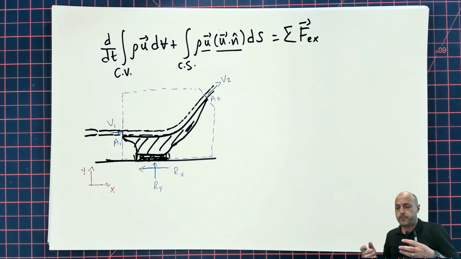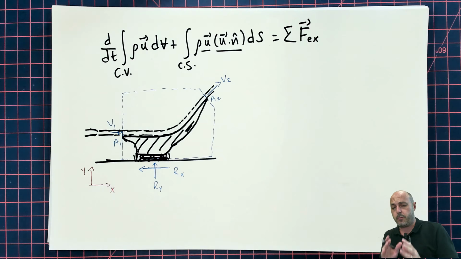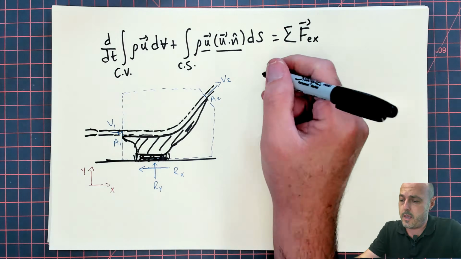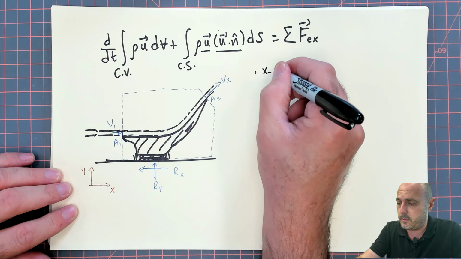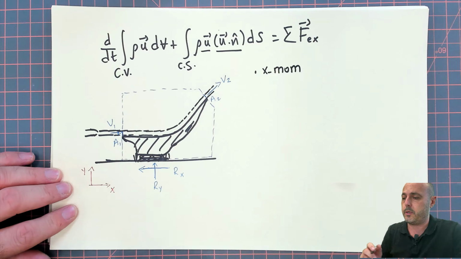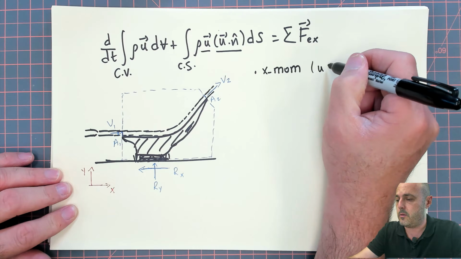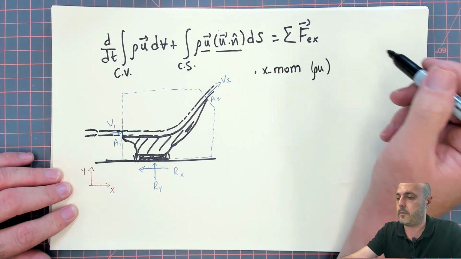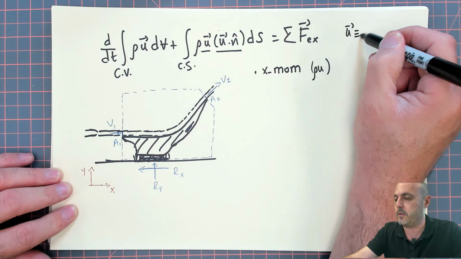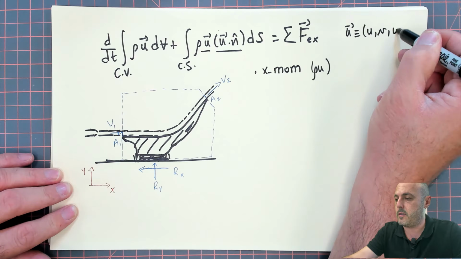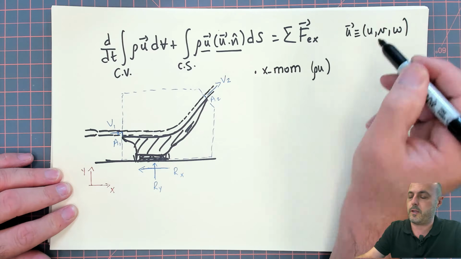Now, we are going to apply the two components of momentum and see how this works. We start with the x momentum component, which we call u, or rho u. Remember that our velocity vector field is (u, v, w), so don't confuse this u with the vector u.